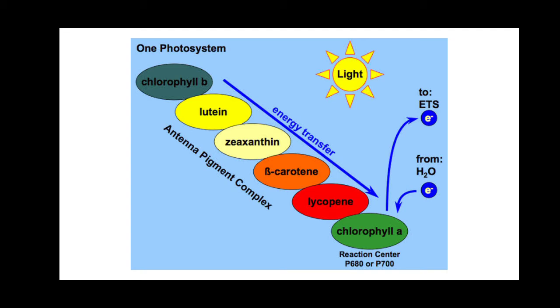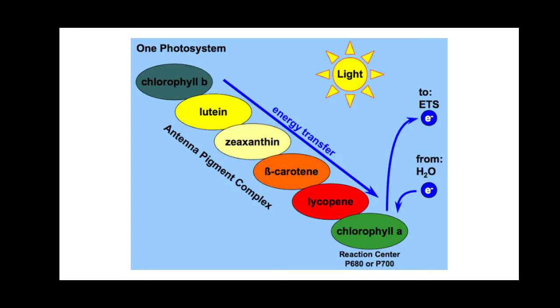And the antenna pigment complex that we are seeing right here, not necessarily every single type of leaf will have all of them present, but multiple of them are definitely present. But we can see one thing very clearly here, that each one is named differently, as they are different types of molecule.